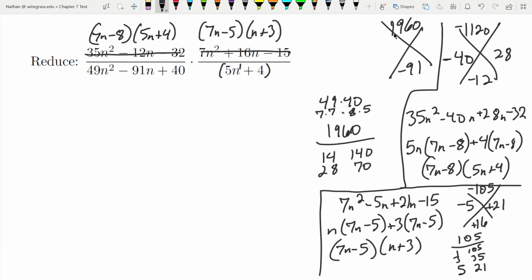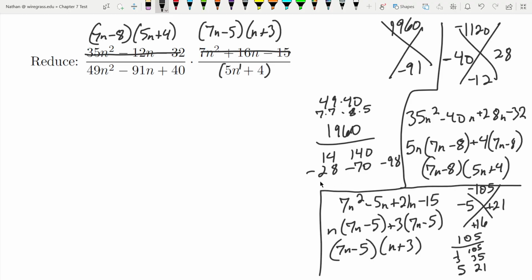Or no, wait. This is positive and this is negative, so they actually have to add up. So this is actually closer, because when they're adding up, this gives us 98. That's much closer. So they actually have to both be negative. So we get negative 98. This is really close. We're looking for negative 91, so a little bit further.